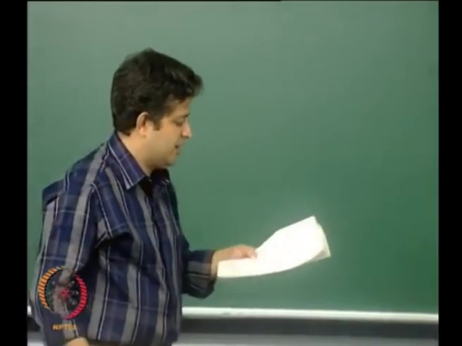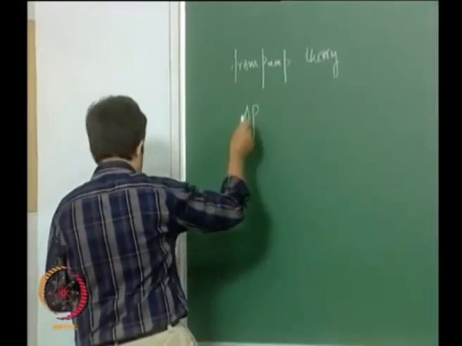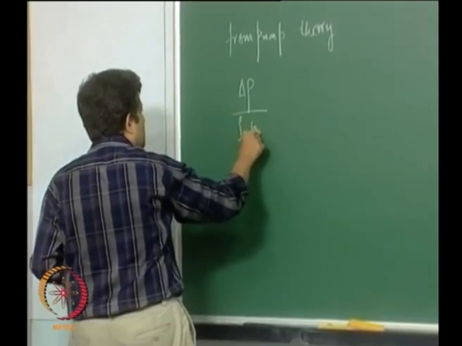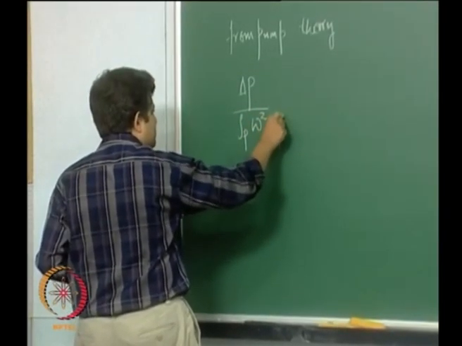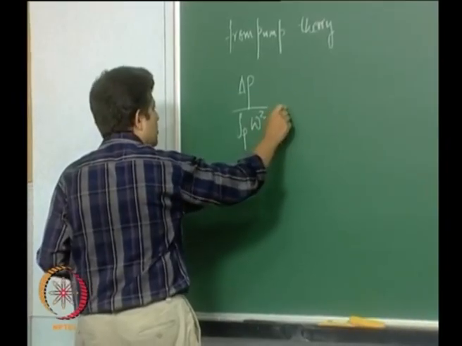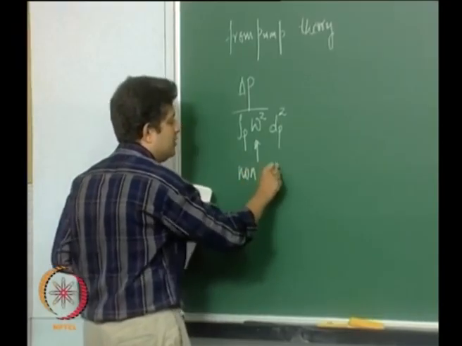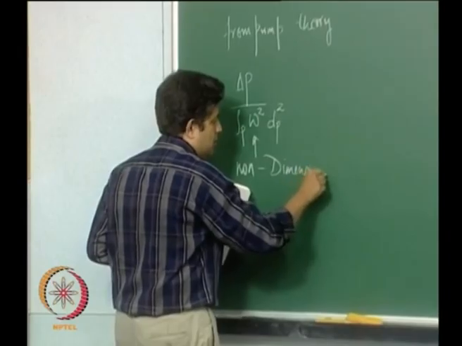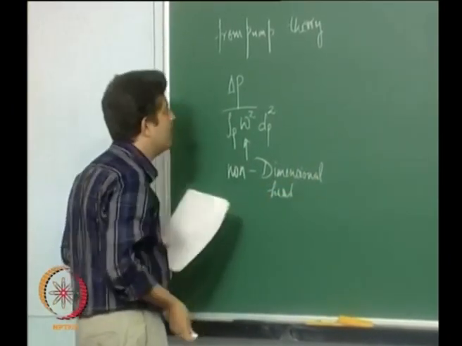So it is written like this: delta P by, this is the non-dimensional head, okay.